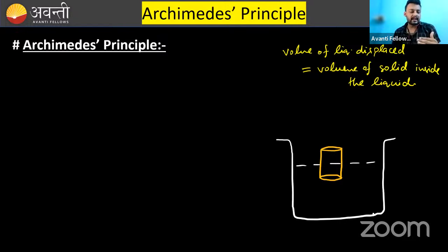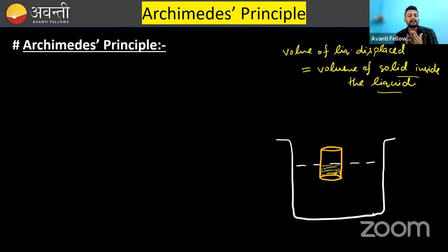When you dip a body in a liquid, some water comes upward or is displaced. So the amount of water that is being displaced should be equal to the volume of the solid inside the liquid. That means this part is inside the liquid. This part is only inserted. So the liquid that will come out or displace will be equal to the volume of this part of solid.